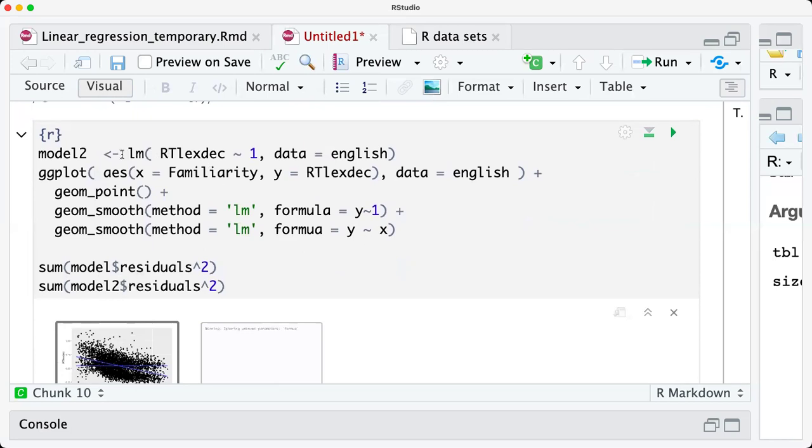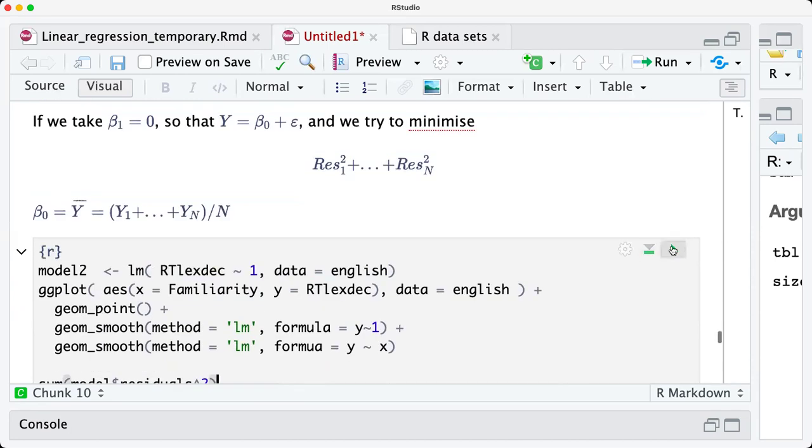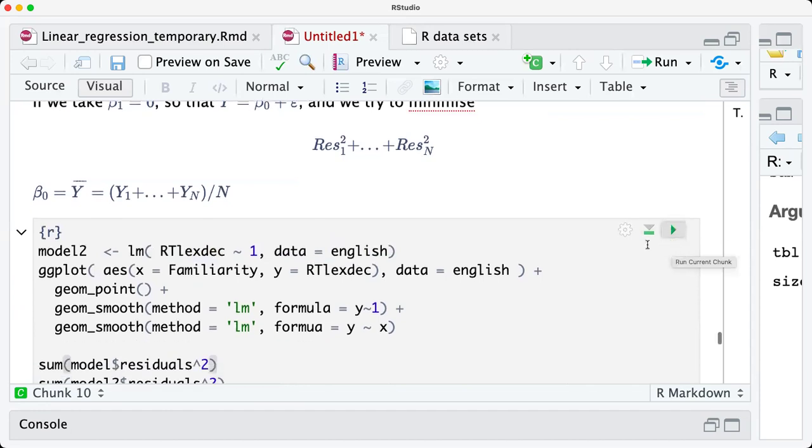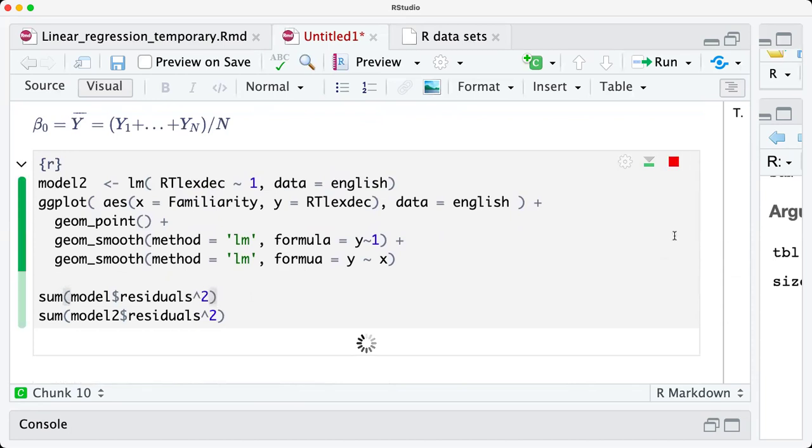Model 2 is this one, in which I try to predict y using a constant. Yes, exactly, because this function is what we are minimizing, and in the first case we use two variables, so we could be more precise.